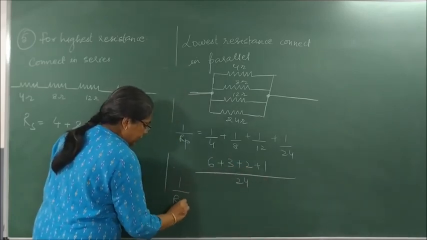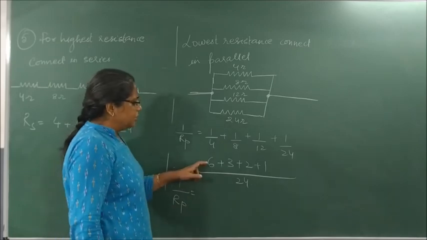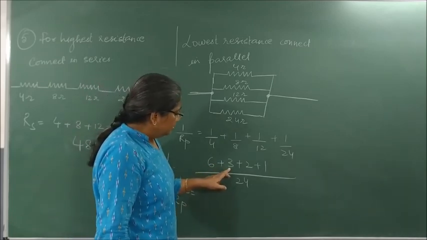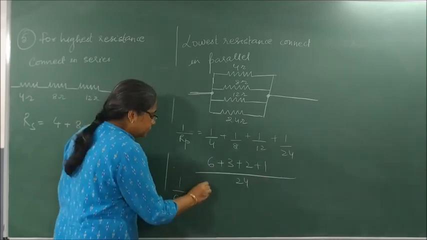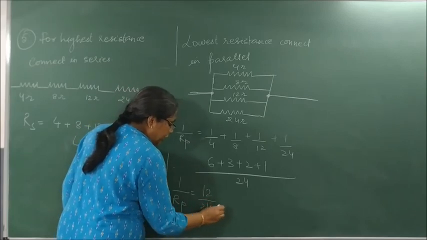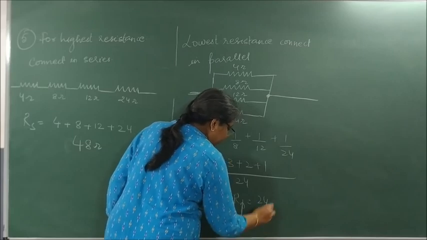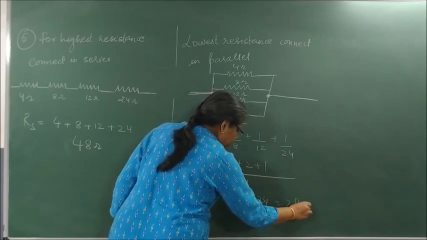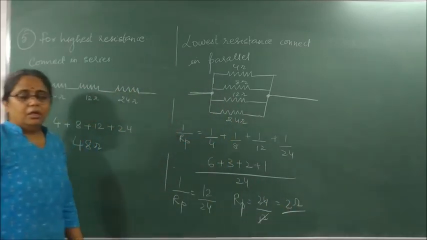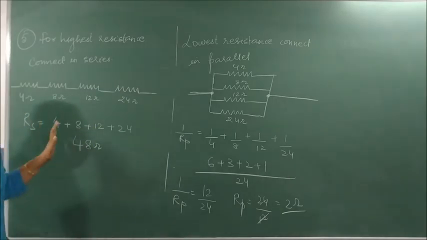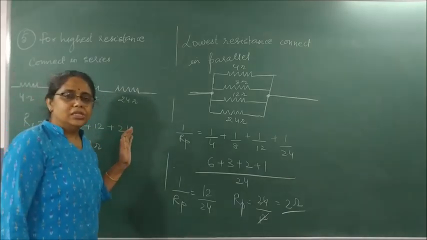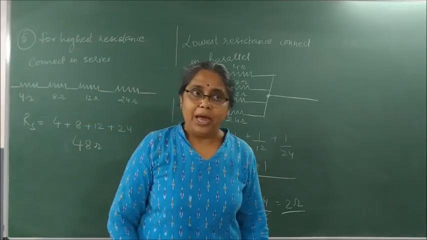So 1 by Rp is equal to 6 plus 3 plus 2 plus 1, total 12, 12 by 24. So Rp is equal to 24 by 12, which is 2 ohms. So this is all what we have done in resistances in series and parallel.